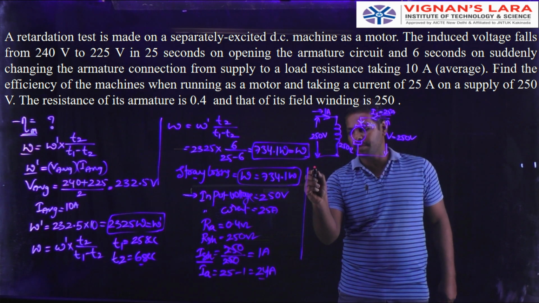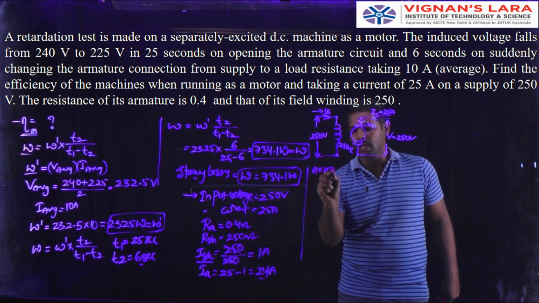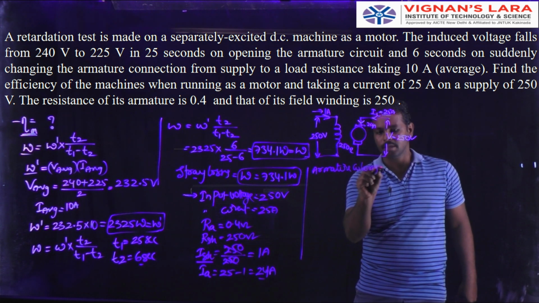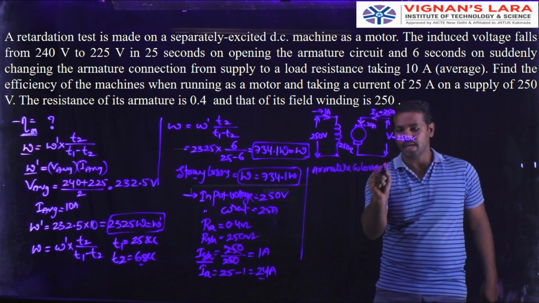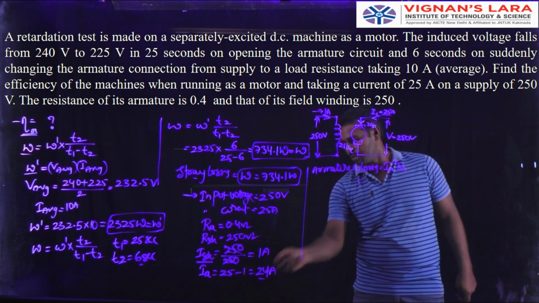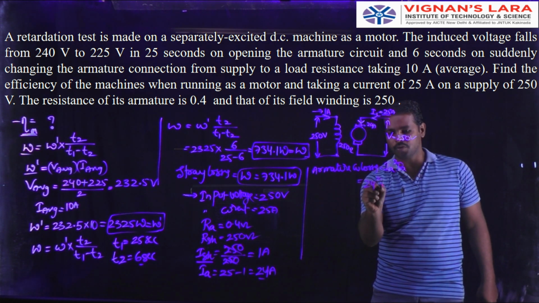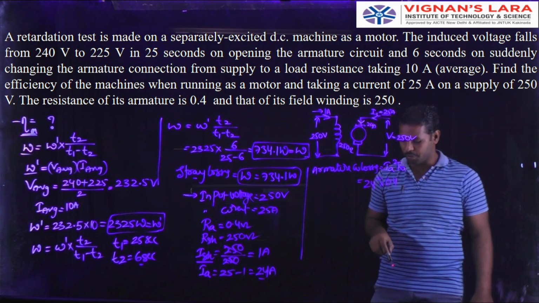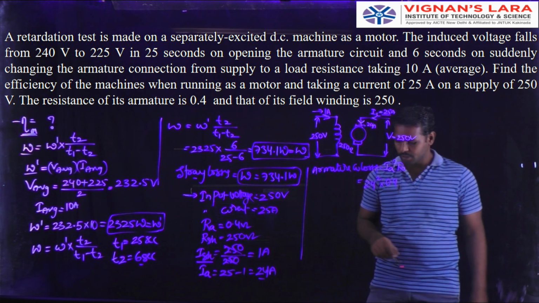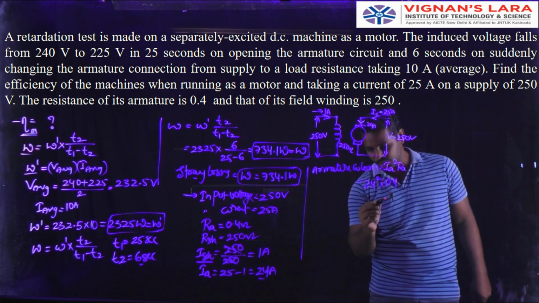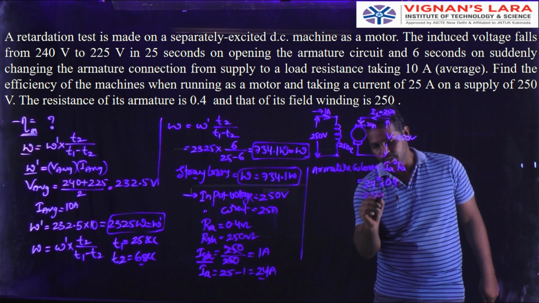Then the armature copper losses is equal to IA square into RA. IA is equal to 24, so 24 square into the armature resistance 0.4 is equal to 230.4 watts.